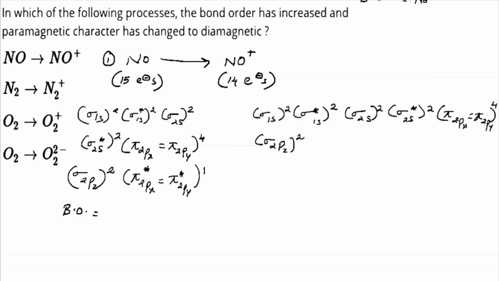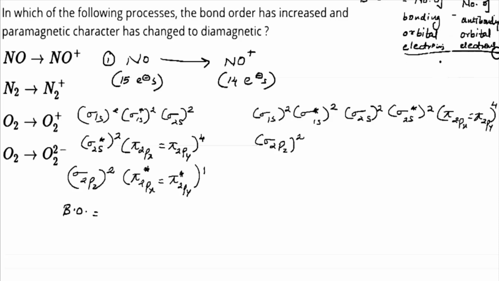It's calculated by subtracting the number of bonding orbital electrons minus the number of anti-bonding orbital electrons, the whole divided by 2. That is the way you calculate bond order.